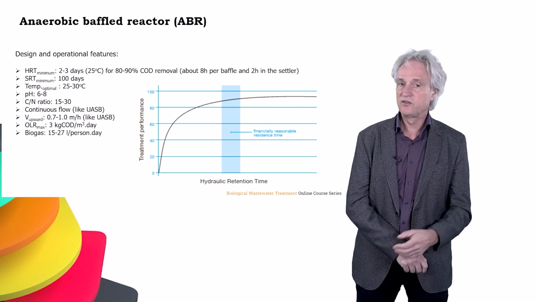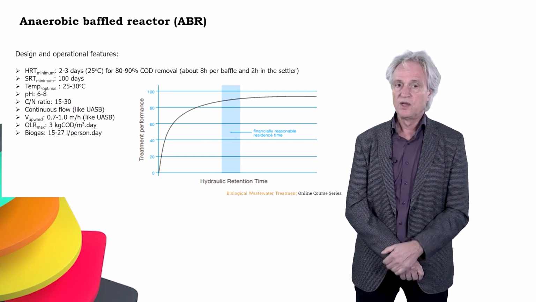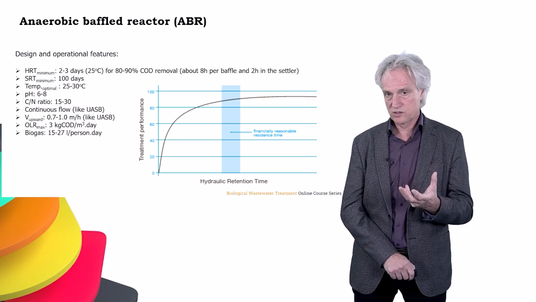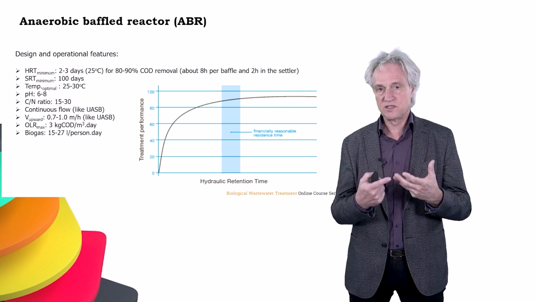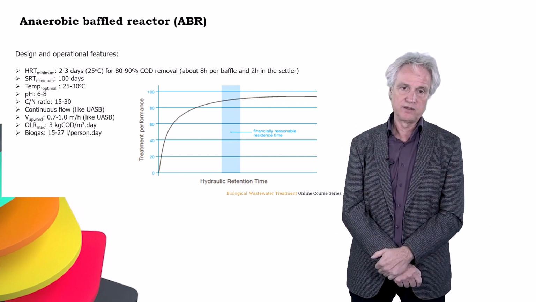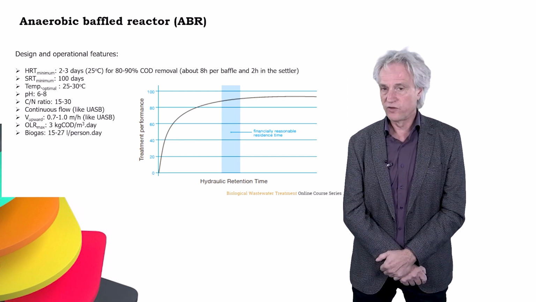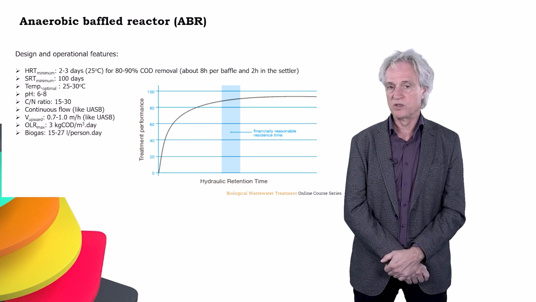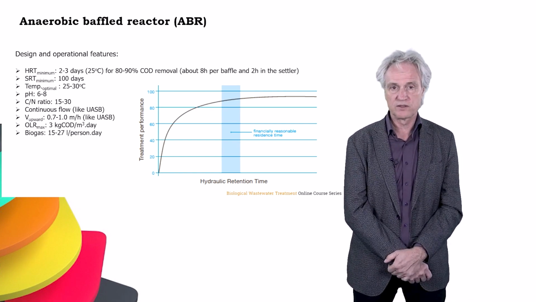It's a continuous flow-like system, and it can accept hydraulic and organic shocks. But don't press the system to too high shocks. Then a bigger system needs to be designed. Upward velocity inside the segments is about 0.7 to 1 meter per hour, just like a USB reactor.